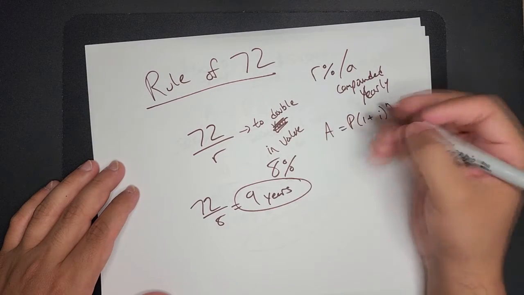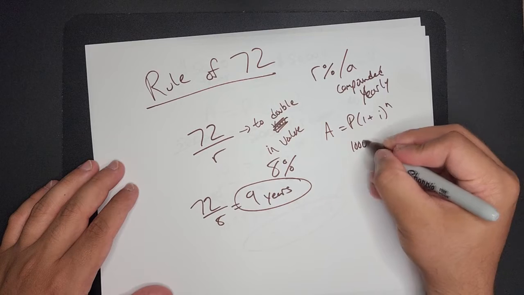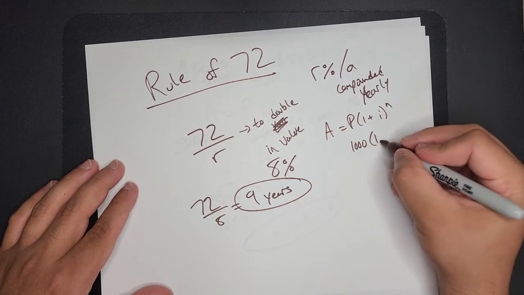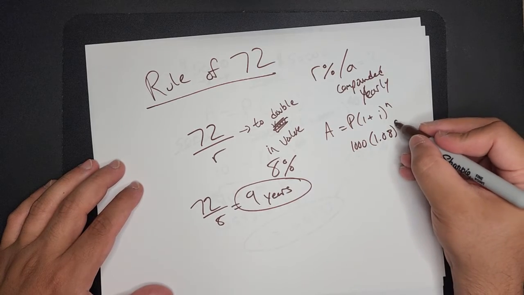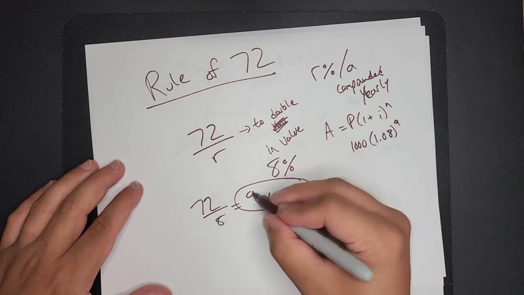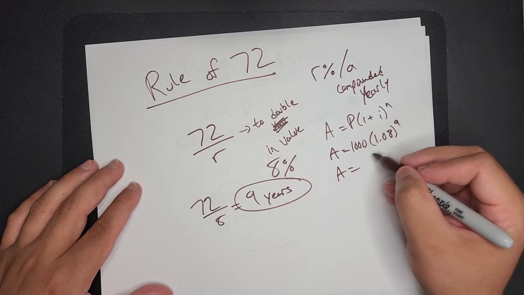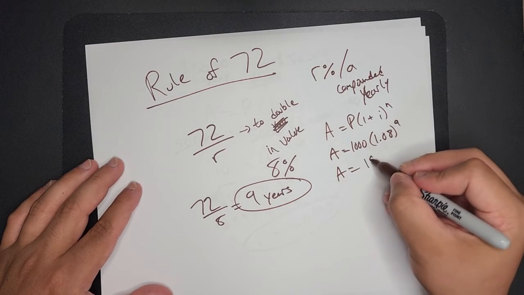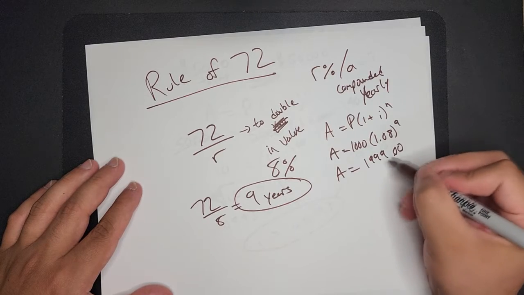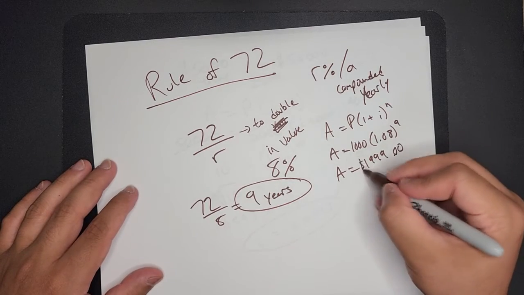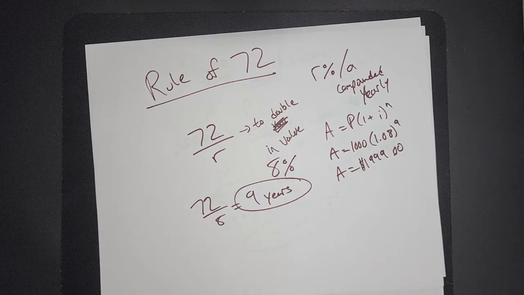If you plug those numbers in, say you put in $1,000 and 8% and 9 years, after 9 years your 8% investment has roughly doubled. It's not exact because of the variables, but it's a good thing to have.